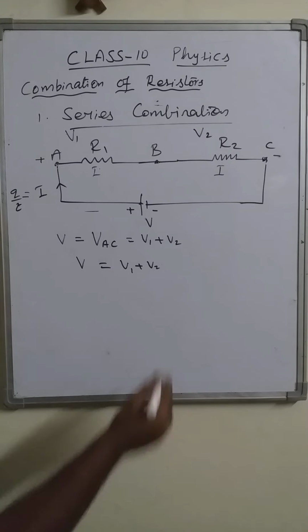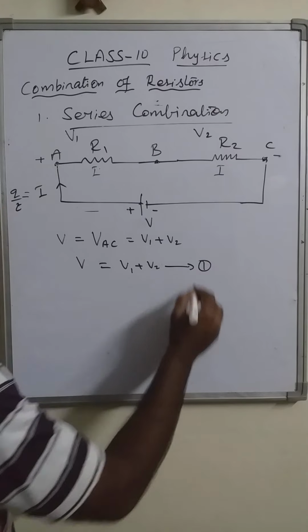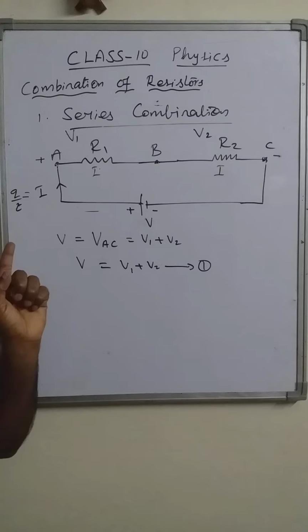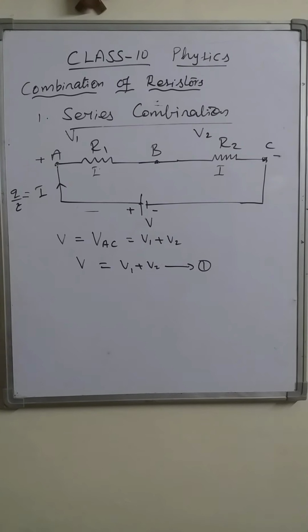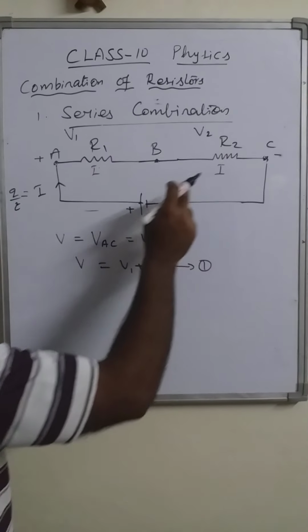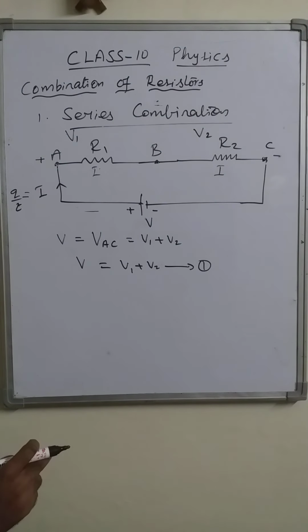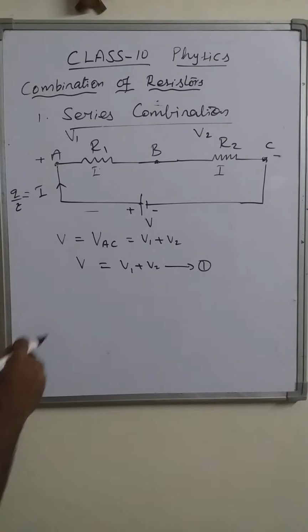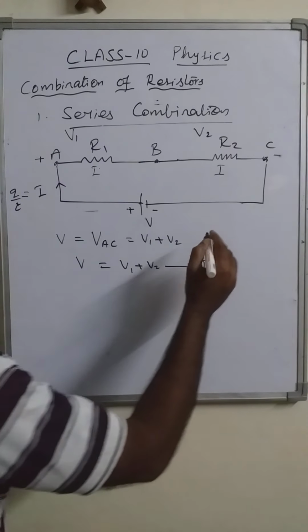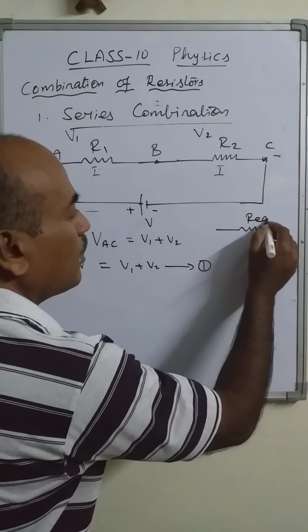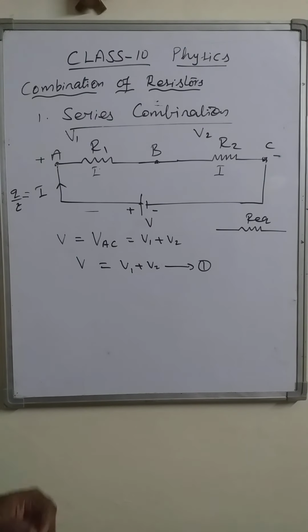Right. So here we got the equation. Now, here Ohm's law is to be used, that is V equal to IR. Here the two resistors are giving combined opposition to the flow of current I. Let the combined opposition be R. This is the combined opposition, or we can say the equivalent resistance.